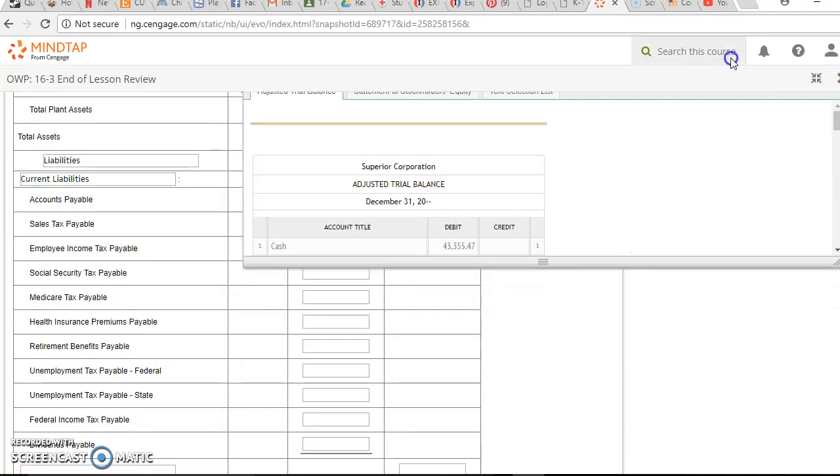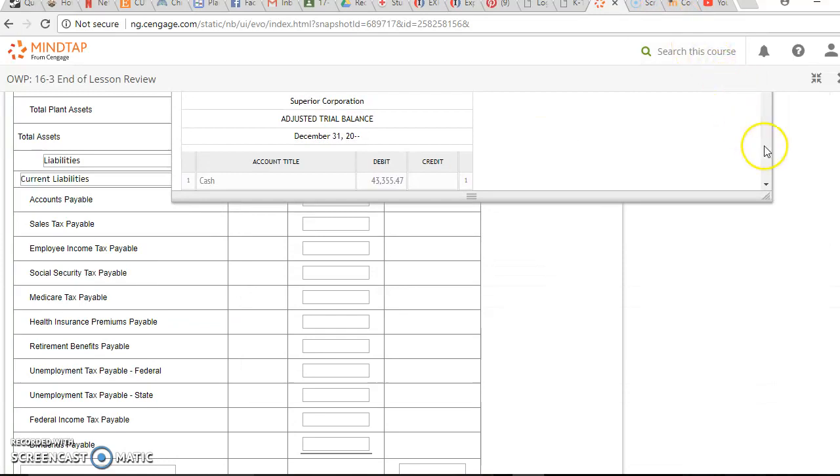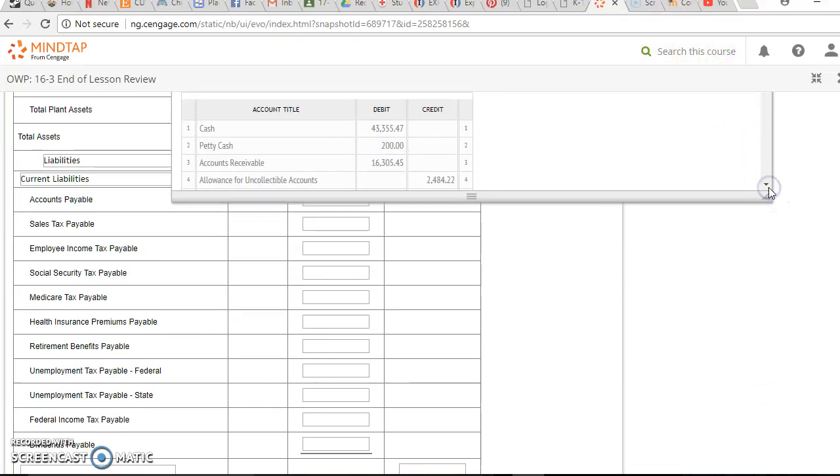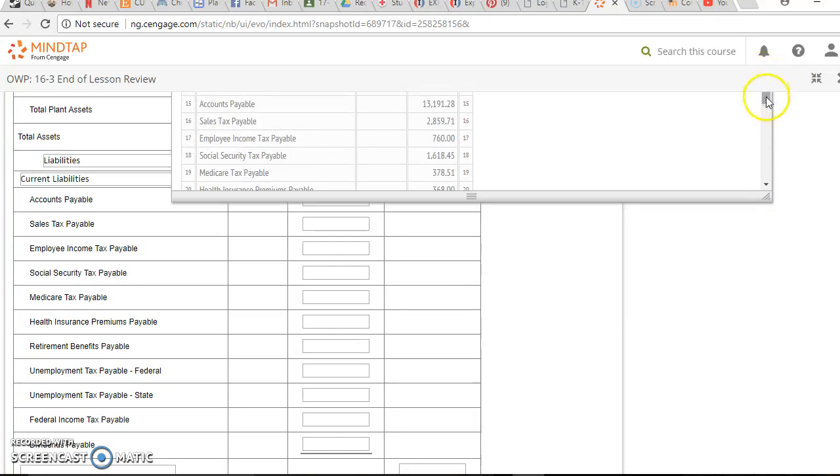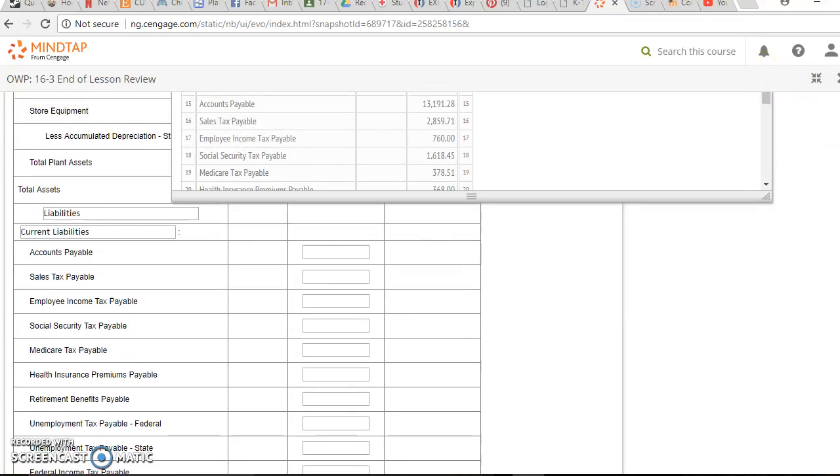Alright, so I'm going to try to get this up where I can see it here. Okay, so accounts payable is 13,191.28.